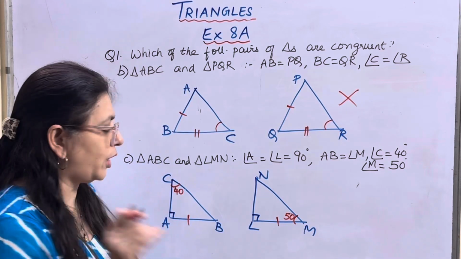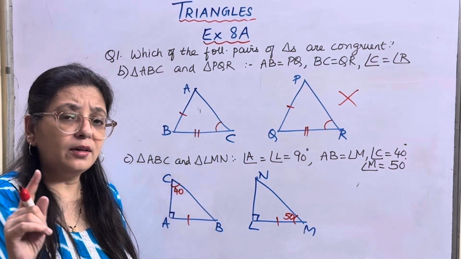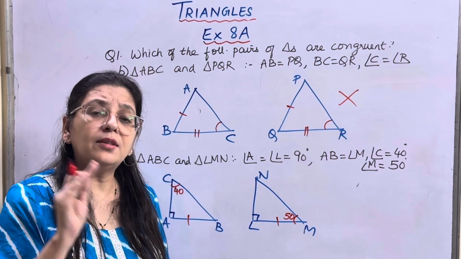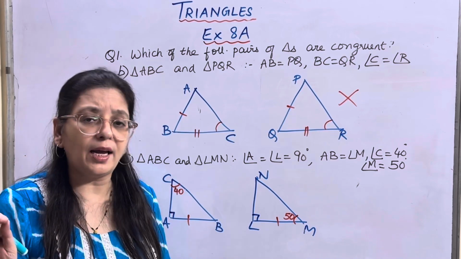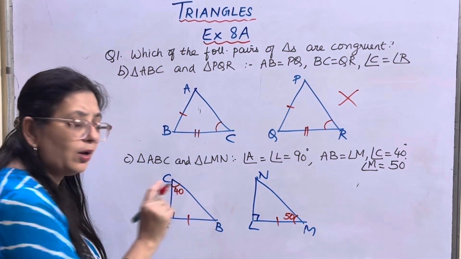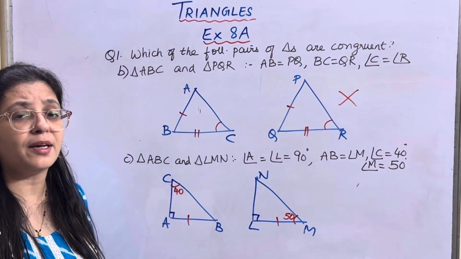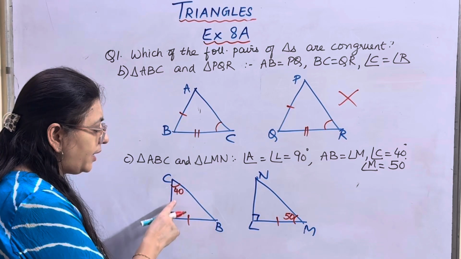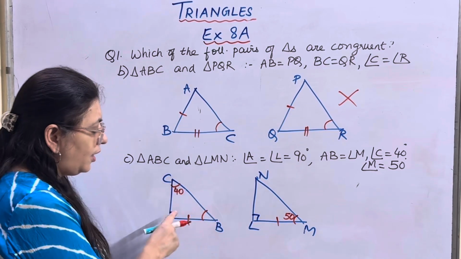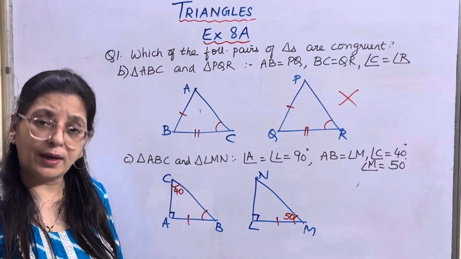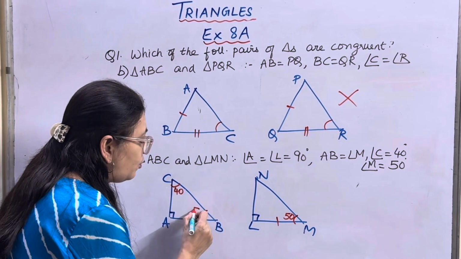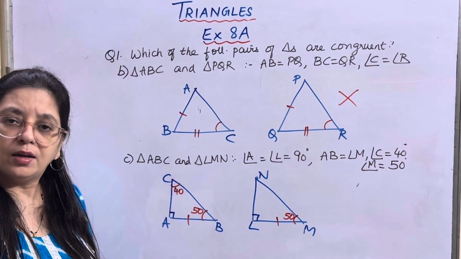Now we'll have to check. We have already learned the angle sum property. The angle sum property says that the sum of the measures of all the angles of a triangle is 180. So if I add all this, I should get the sum as 180. This is 90, this is 40. What would be the measure for this angle? 90 plus 40 is 130. So 180 minus 130, this would be 50 degrees.